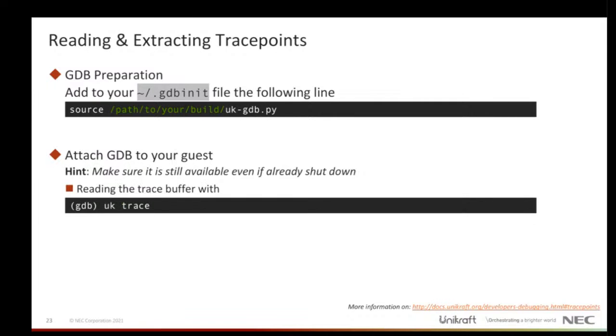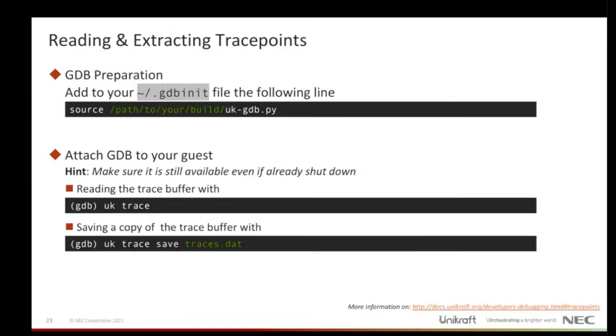So reading the trace buffer is as simple as typing uk trace, and you can also save a copy of the trace buffer with uk trace save and then an output file. And there's another tool which I didn't write down here, which you can use to parse that saved file later, so that you still get the same output as uk trace gives you while you're in the GDB session.